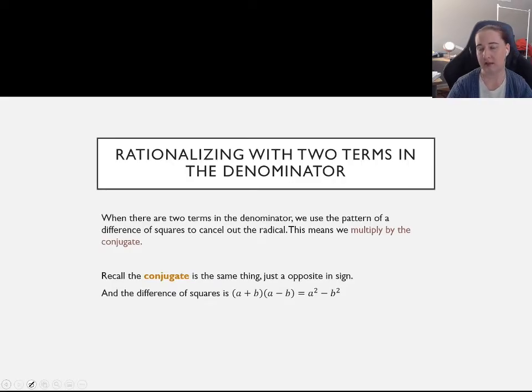So that's one term, and that's actually harder than 2 terms, which I'm going to do next. So when you have 2 terms in the denominator, what we end up doing is multiplying by the conjugate. Now, it's easier in that there's less critical thinking, less thinking on what to multiply by. It's kind of obvious. It's a little harder though because you do have to FOIL.